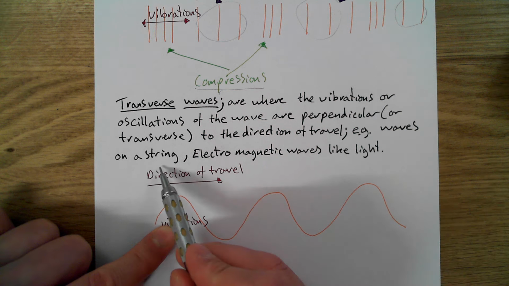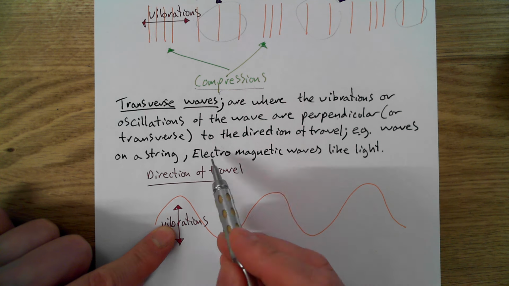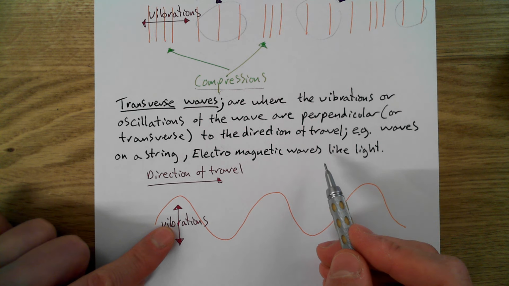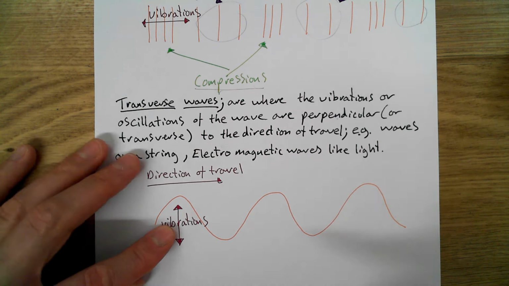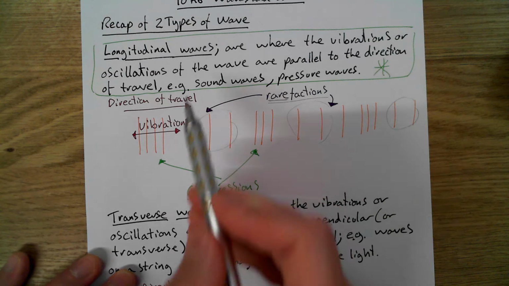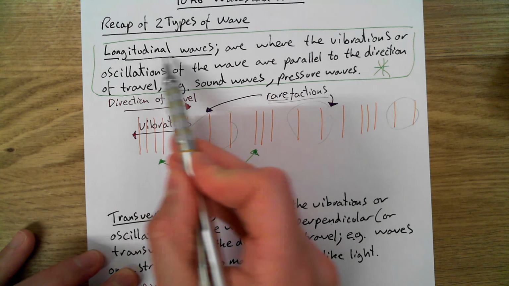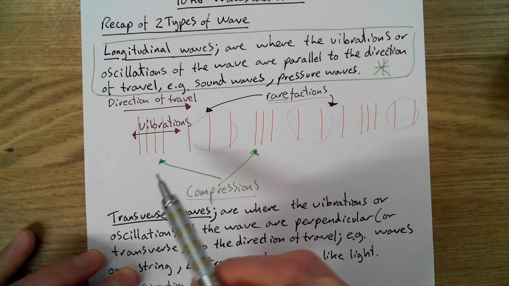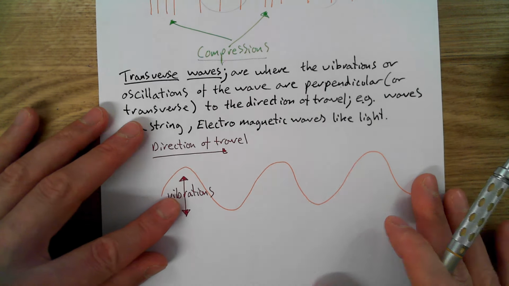For example, waves on a string, electromagnetic waves like light and infrared and ultraviolet, and so on. Okay, I just remembered I didn't specifically mention the examples there. So examples of a longitudinal wave are sound waves or pressure waves.